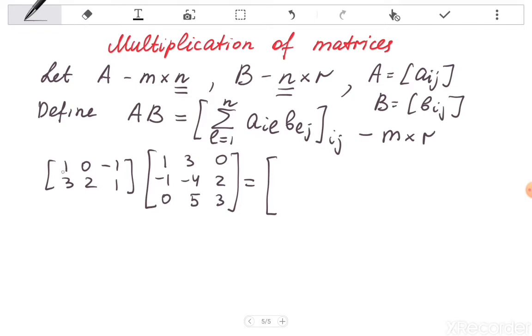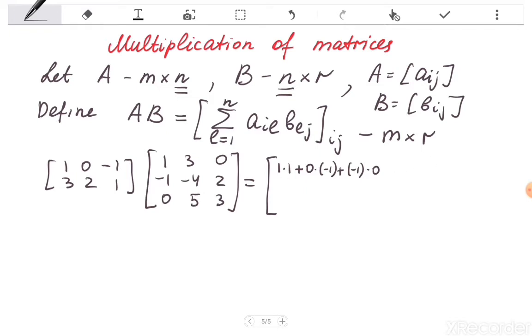So when we multiply, we take the first row here and the first column here, and we multiply the first element of this row by the first element of this column, and add the second element times the second element, add the third element times the third element. So let me just write it just once. Plus 0 times minus 1 plus minus 1 times 0. This is the first term of this matrix.